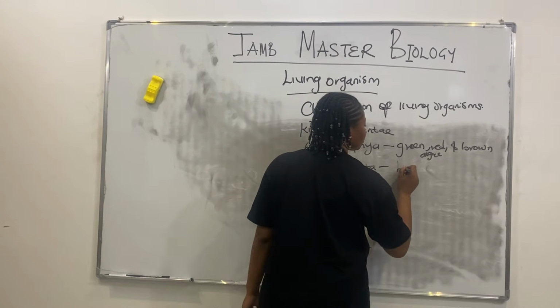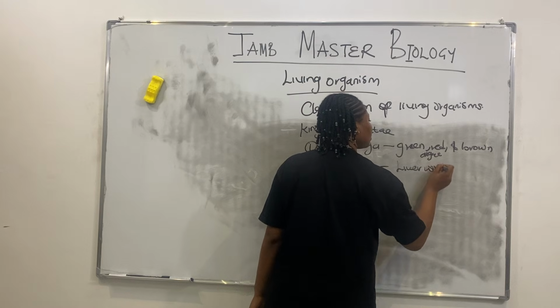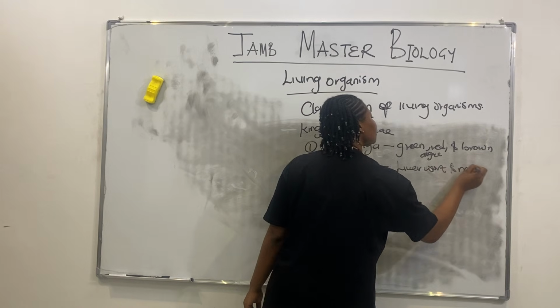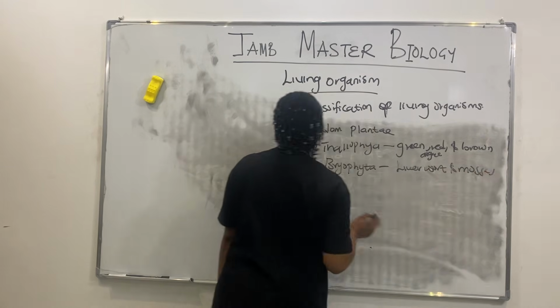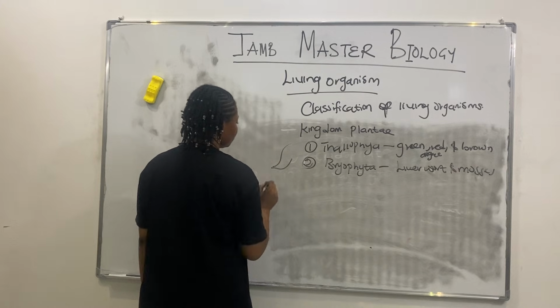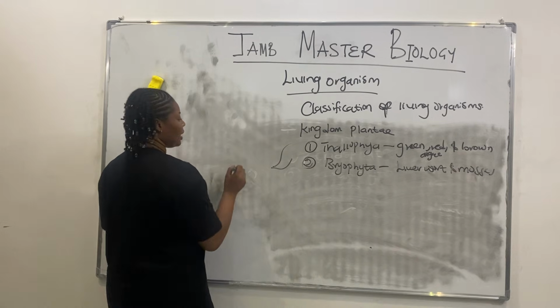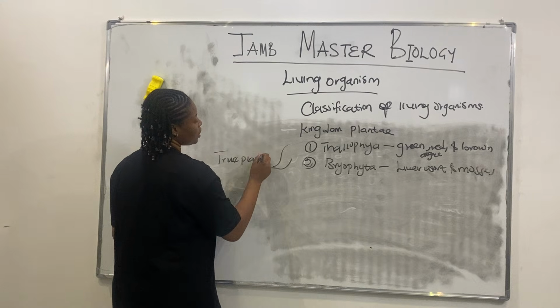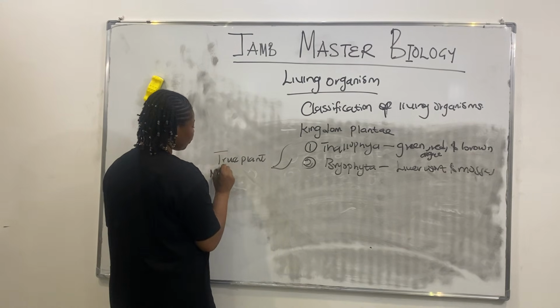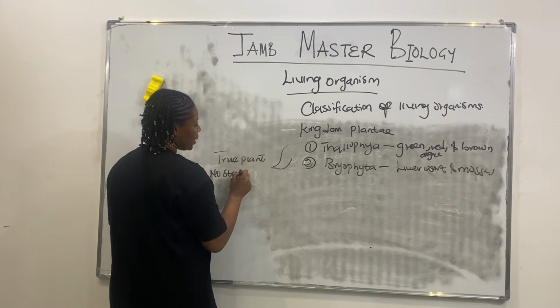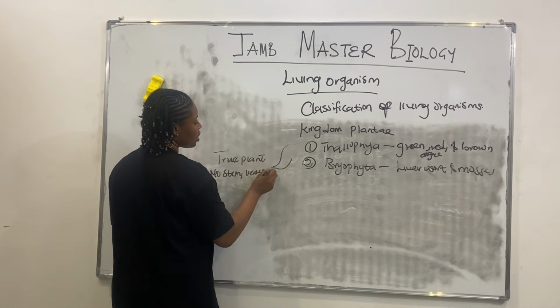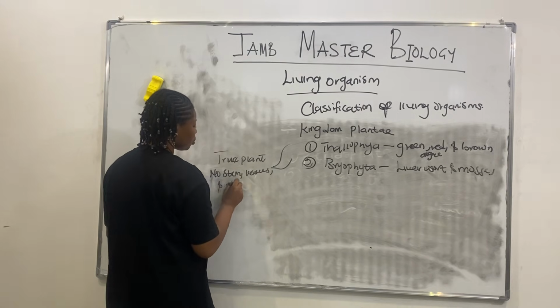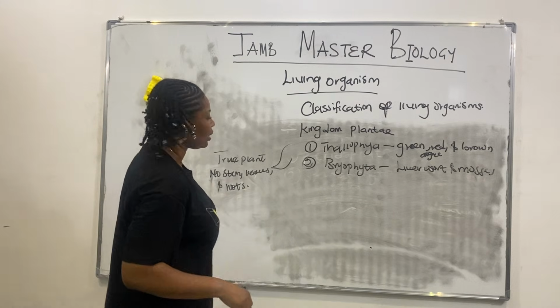We have liverworts and mosses. These 2, we don't consider them true plants, although they are plants, because they don't have true stem, leaves, and roots. They are not developed plants.